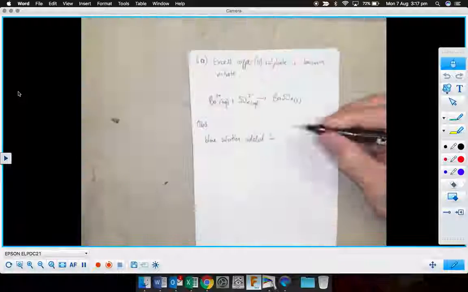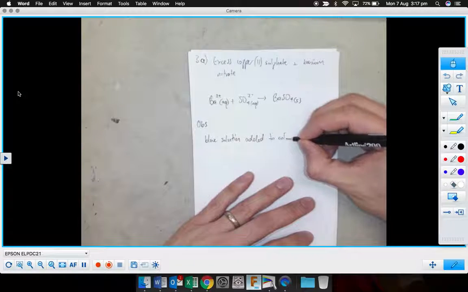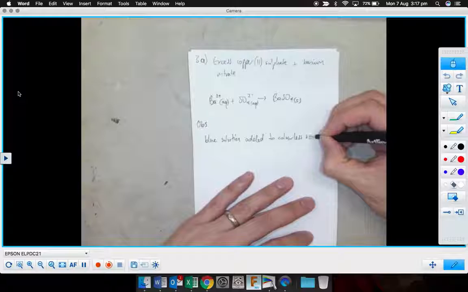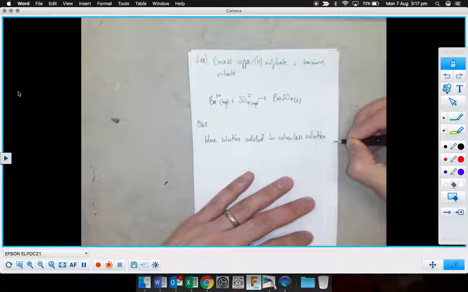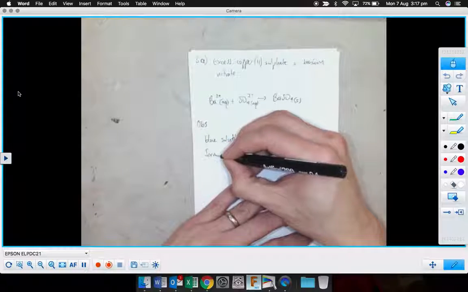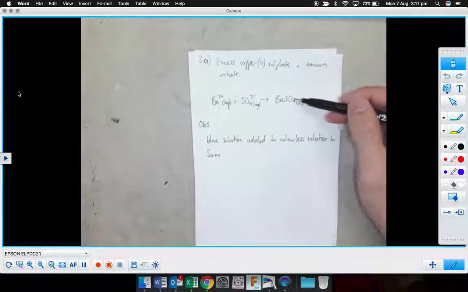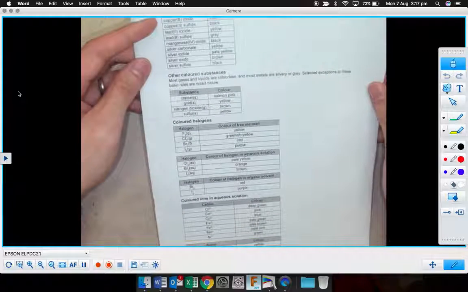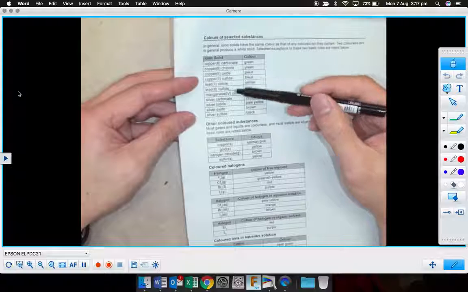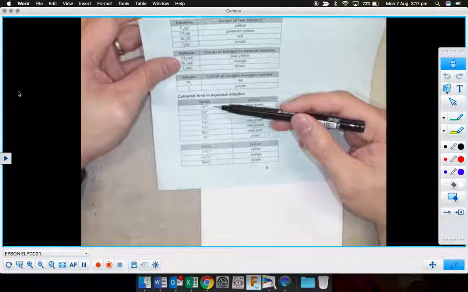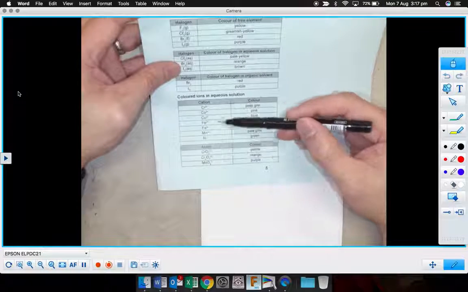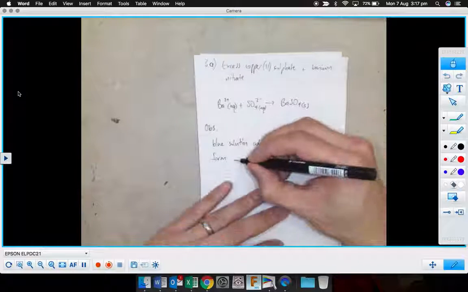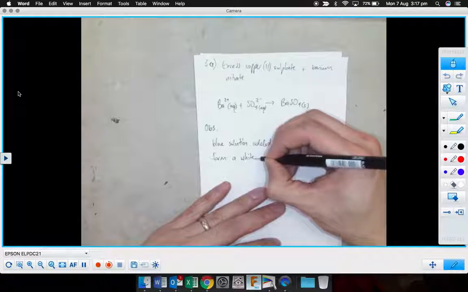Not there, so it's a clear colorless solution. To form, now, what color is the barium sulfate? The barium sulfate, is it up here? No. What color is it down here? Not there. So therefore, barium sulfate is a white solid.